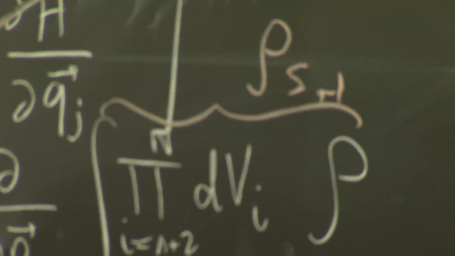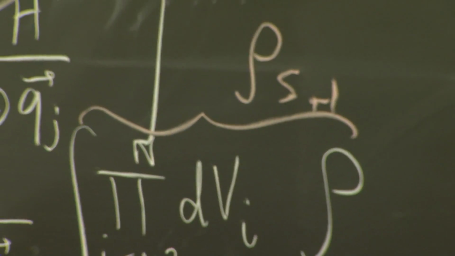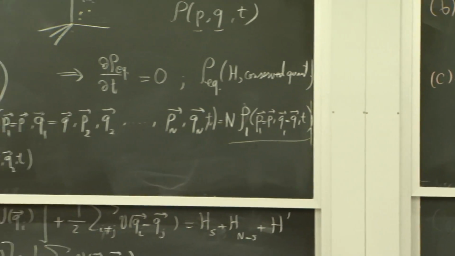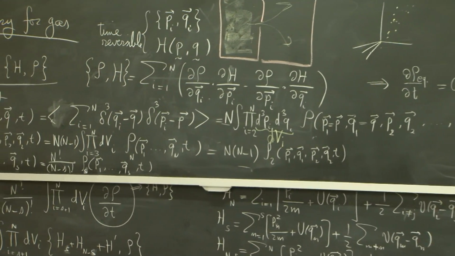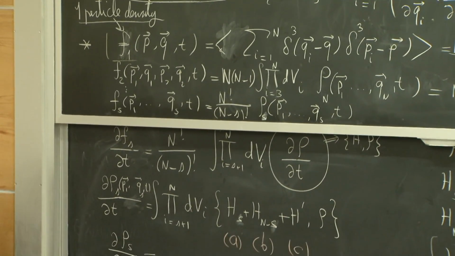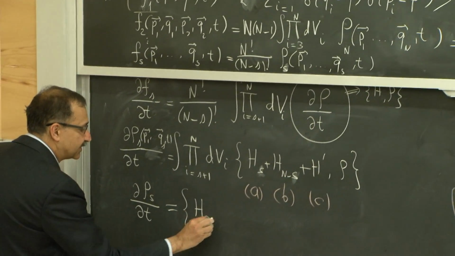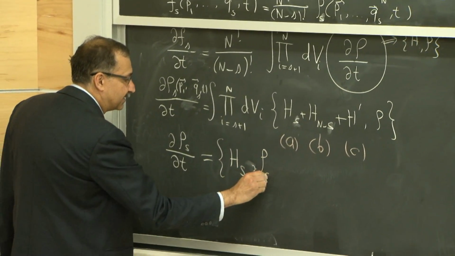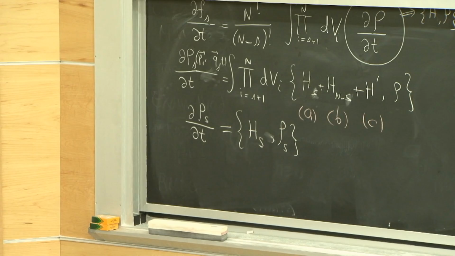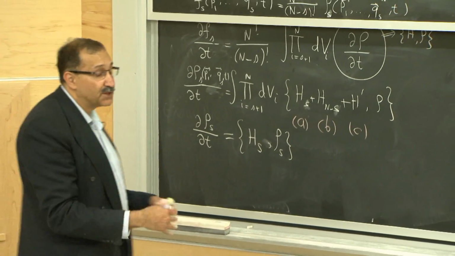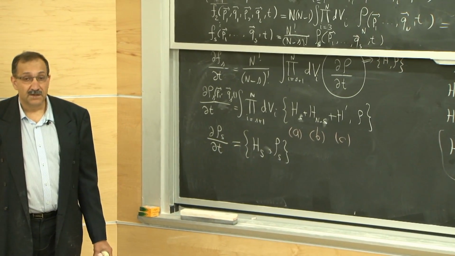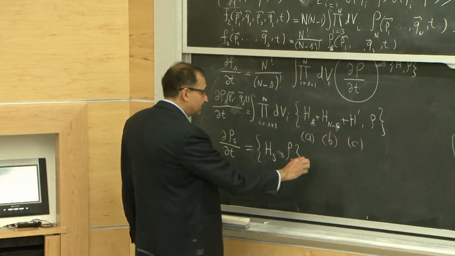So what we have at the end of the day is that if I take the time variation of an s particle density, I will get one term that I expected, which is if those s particles were interacting only with themselves, I would write the Liouville equation that would be appropriate to them. But because of the collisions that I can have with particles that are not over here, suddenly the momenta that I'm looking at could change.